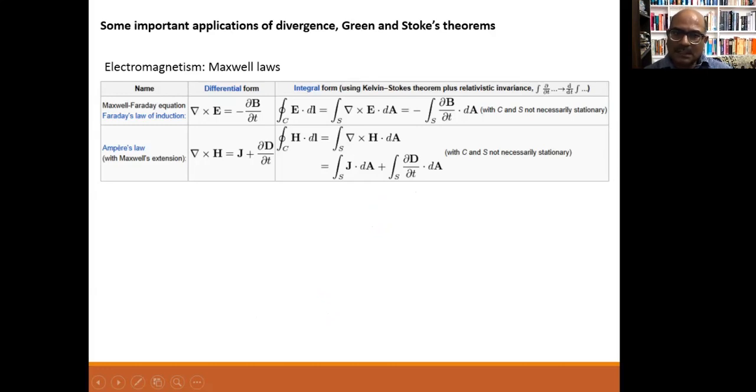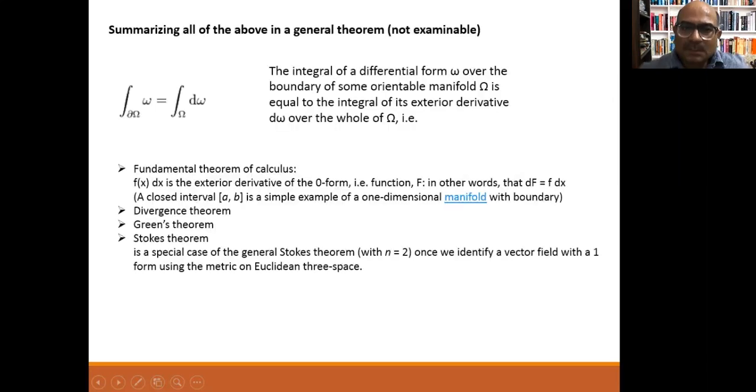By deriving these equations for the differential and integral forms, we are using the divergence, Green's and Stokes theorems. The same holds for Faraday's law of induction as well as Ampere's law with Maxwell's extension, del cross H is equal to J plus del D by del t, and in integral form also. So we are using these divergence, Green's and Stokes theorems.